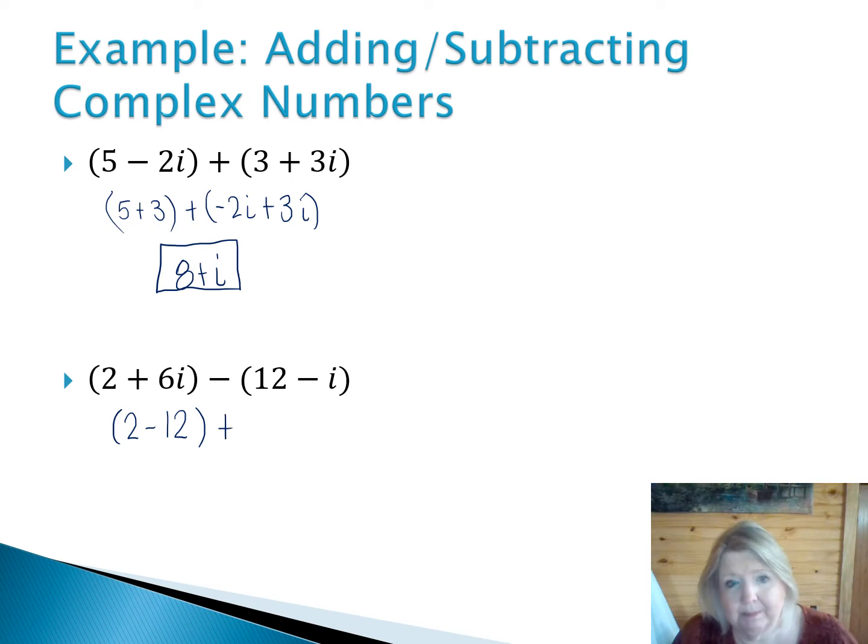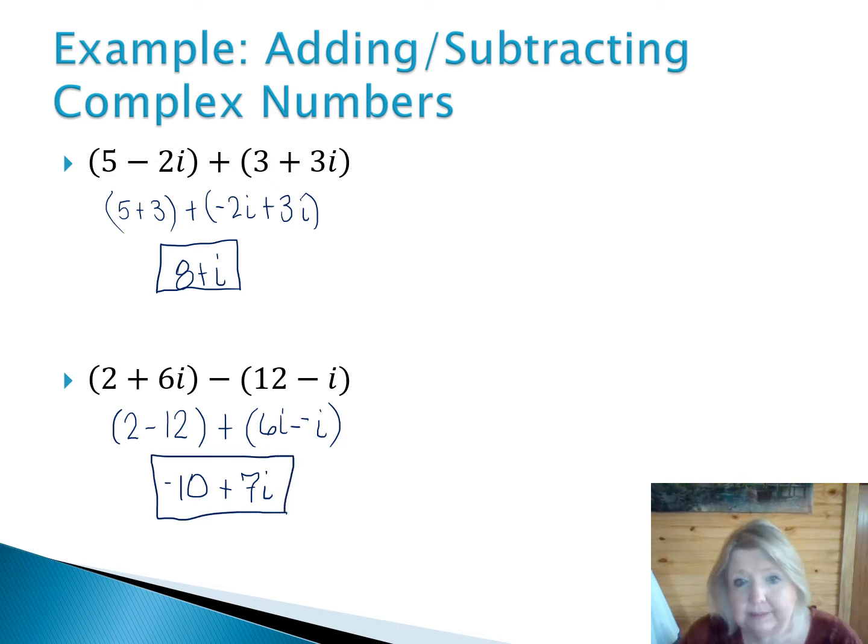But my complex part is going to be 6i minus -i. The minus sign and the negative sign comes from the minus inside parentheses. So my correct answer is -10 plus 7i. And that is a complex number with a real and imaginary part.